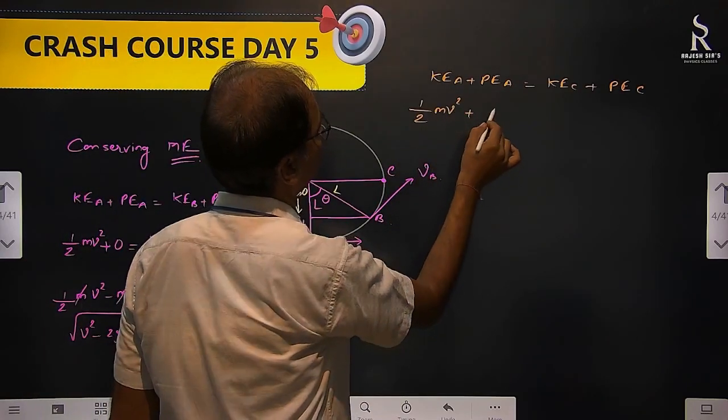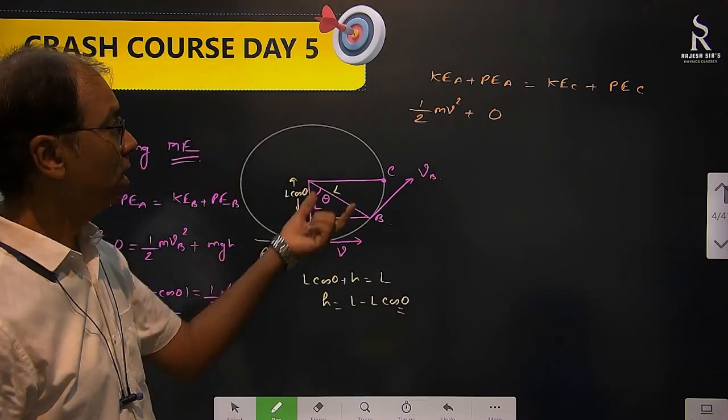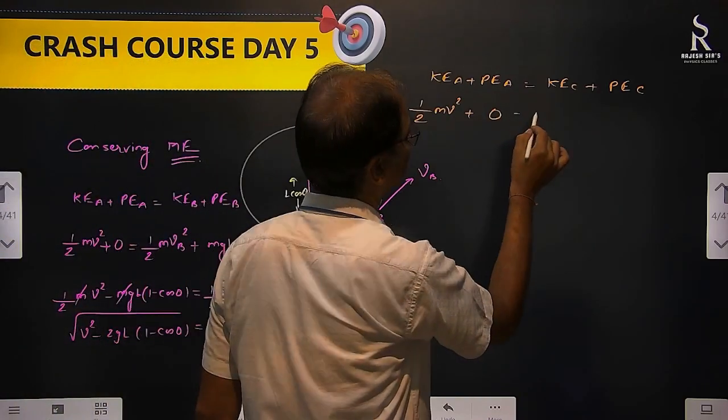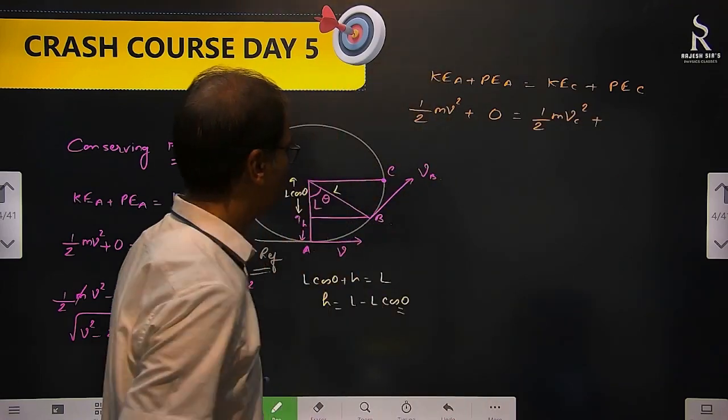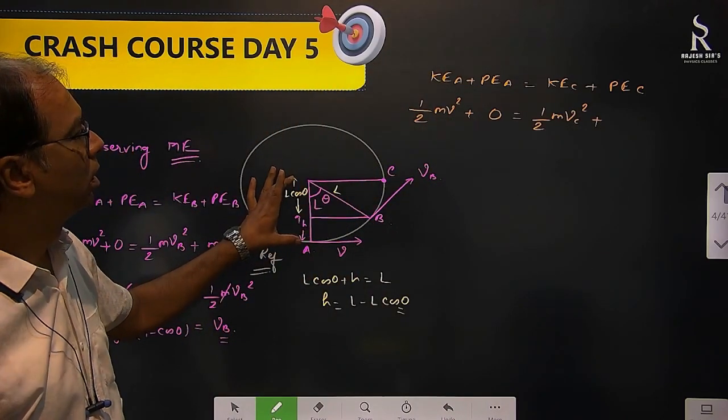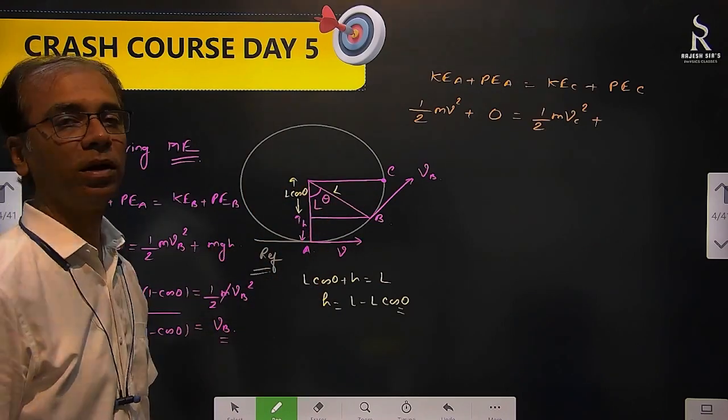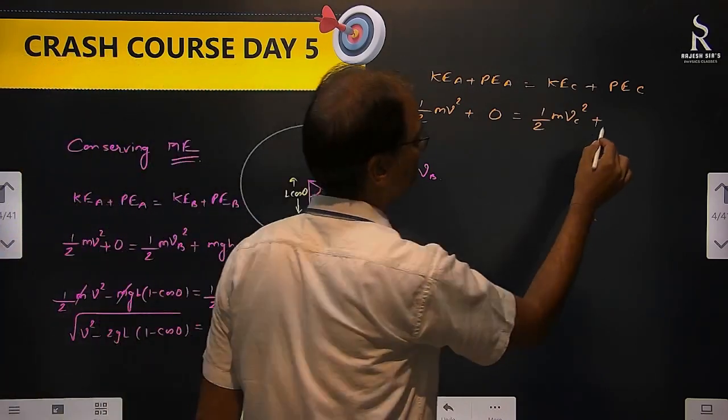Potential energy at A we know, 0. Kinetic energy at C, half mvc square. Potential energy at C: now we know what this height is. This is L. So here potential energy we can directly write as mgl. So plus mgl.